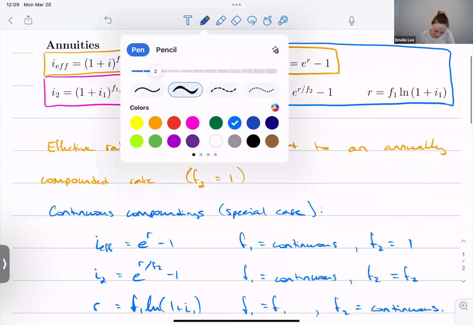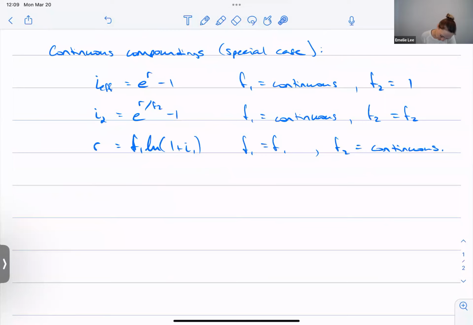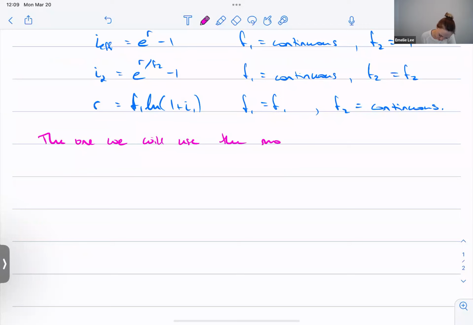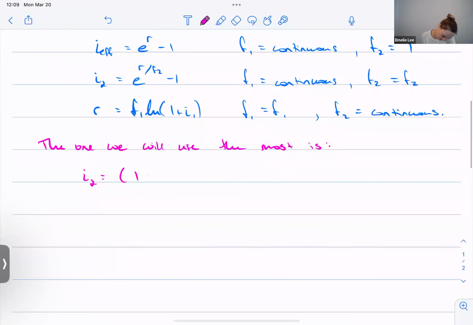Like I said, those are all special cases and they're good to have up our sleeves, but the one that we're going to be working with the most is this one: I2 is equal to 1 plus I1 to the power of F1 over F2, and then minus 1.